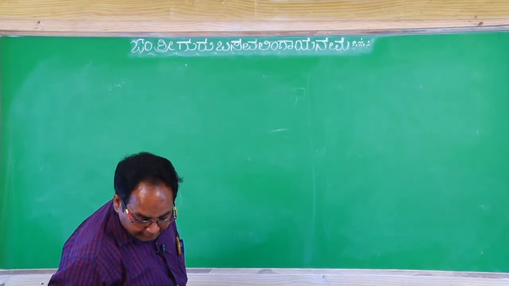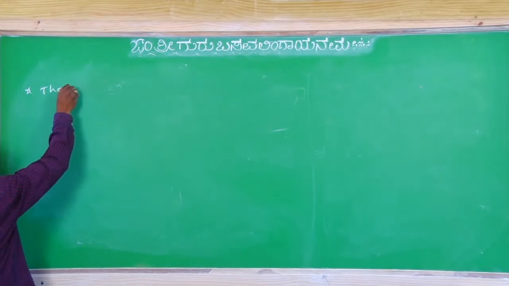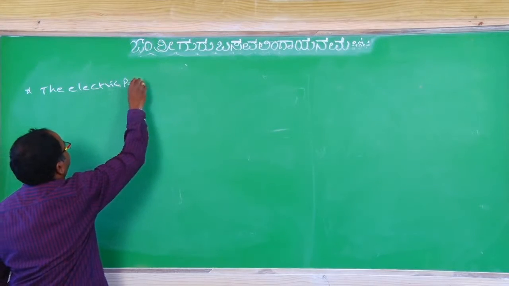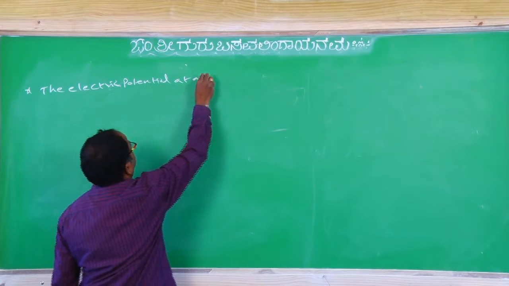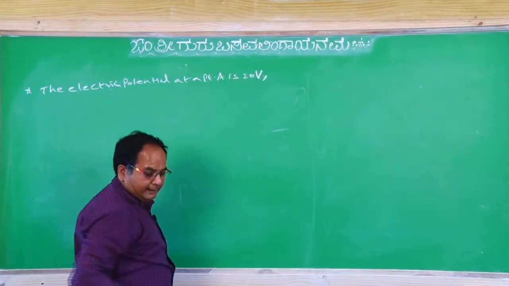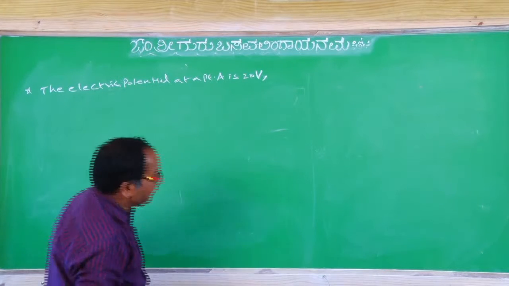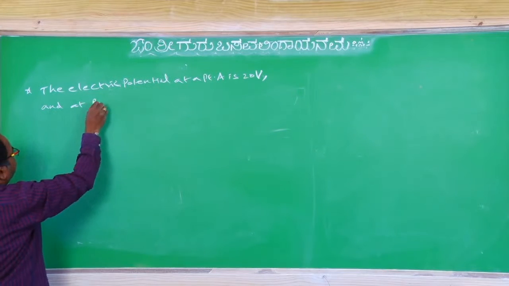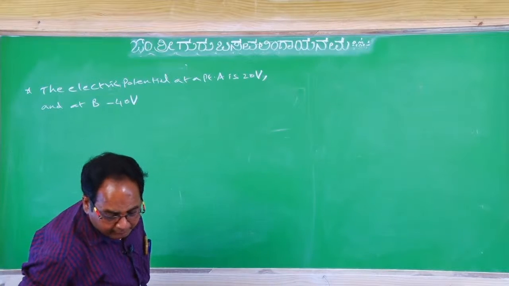The electric potential at a point capital A is 20 volts, and at B minus 40 volts.